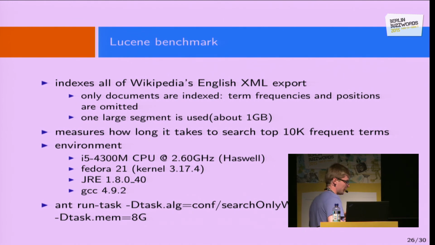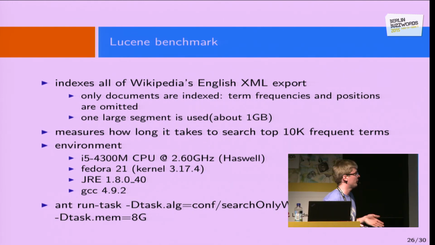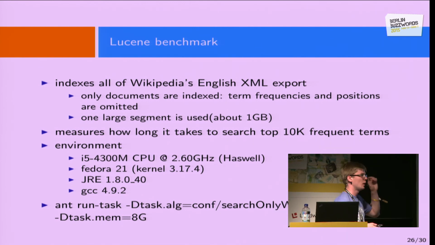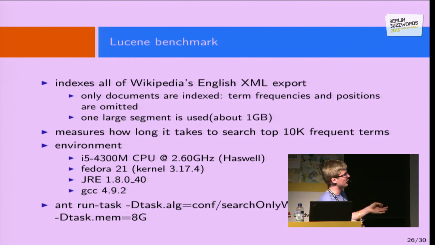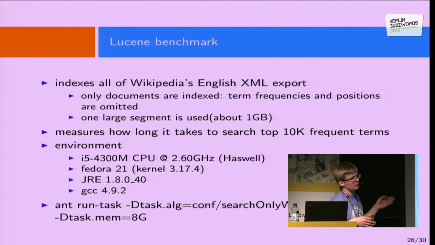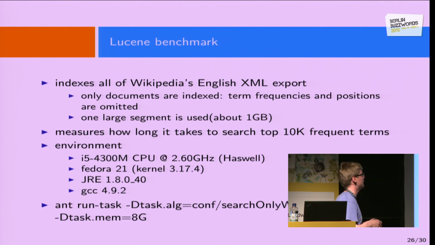For benchmarking, I use Lucene benchmark. This is a well-known framework which benchmarks Lucene internals. This benchmark indexes all of the English Wikipedia XML export. It indexes only documents because we don't support term frequencies and positions.